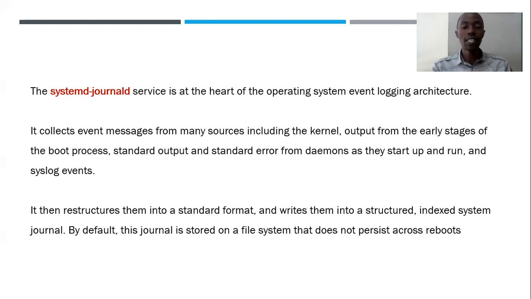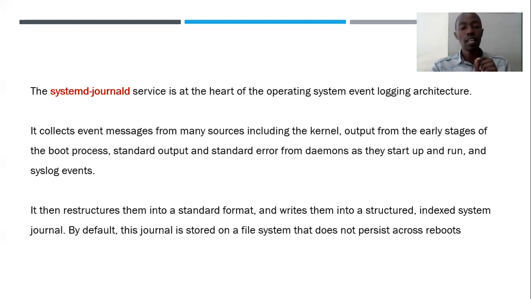We have those events attached to messages, to security, and to boot. So after they are all collected, systemd journald comes down and restructures them into a standard format and writes them into a structured indexed system journal. And by default, this particular journal does not persist across reboots.